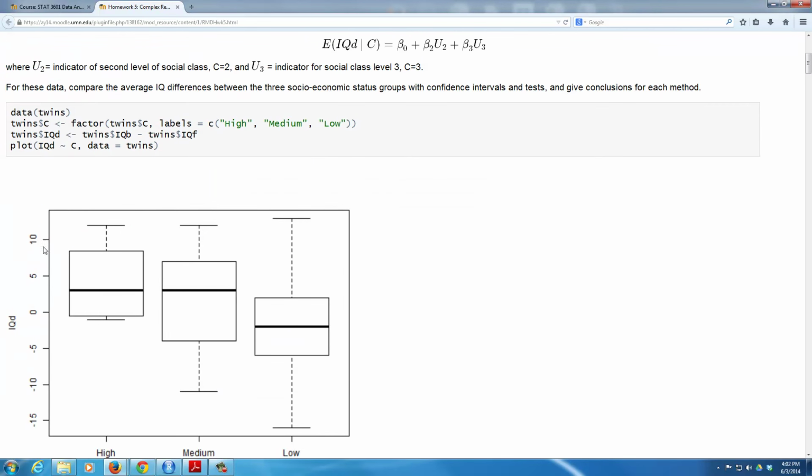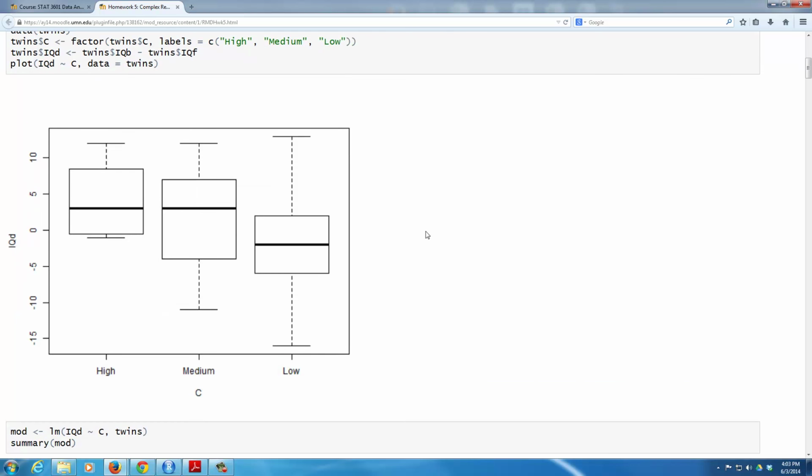In the data code block here, you can see that I'm declaring the variable C as a factor and giving them labels high, medium, and low, and then making the difference variable IQD, biological IQ minus the foster twin's IQ, and then we do box plots. So let's take a look at these box plots for a minute and see if we can understand what we're looking at here.